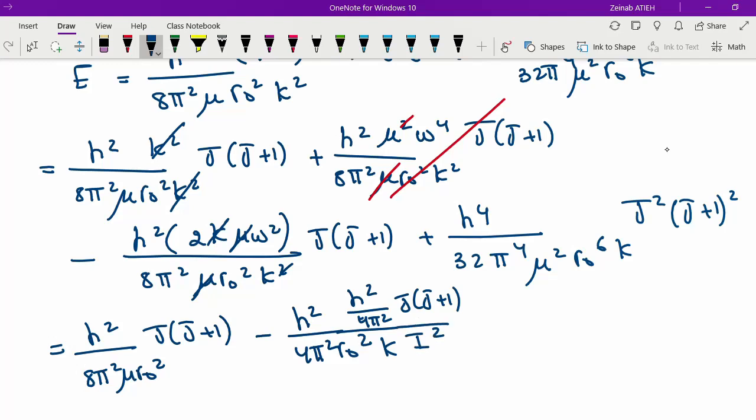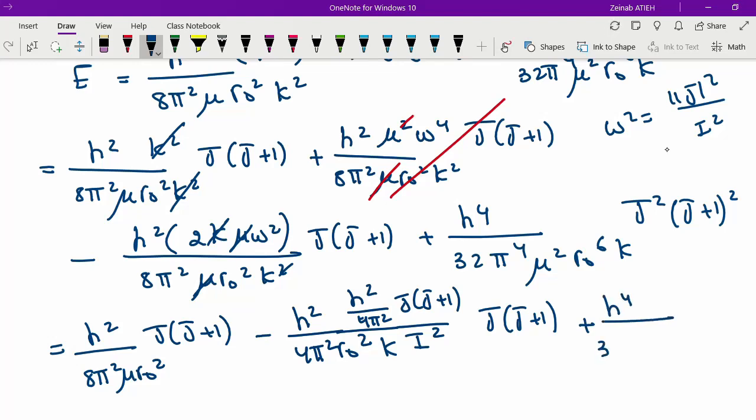So we have replaced omega squared with the classical J squared over I squared, and the classical J squared is replaced by its equivalent value, J plus 1. Plus the last term, which is this one, h to the power 4 over 32 pi to the power 4 mu squared R0 to the power 6 K J squared J plus 1, all of it squared.